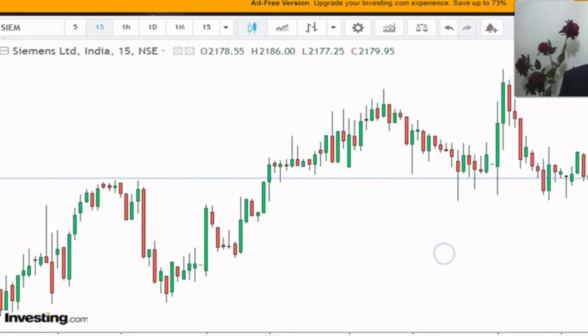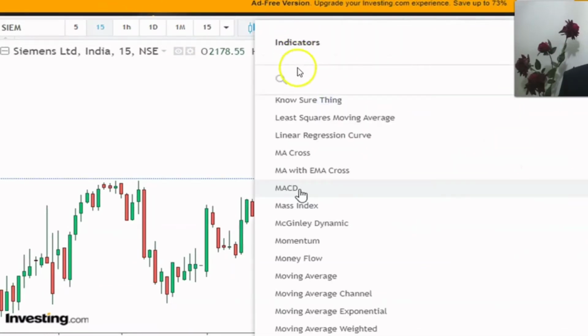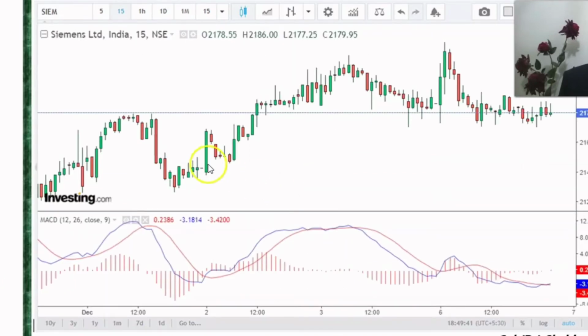All that you have to do is go to investing.com or any suitable website, select the drop down menu and there you go, select MACD. So you will get this in front of you. What you see here is the normal candlestick chart, and what you see at the bottom is the MACD.